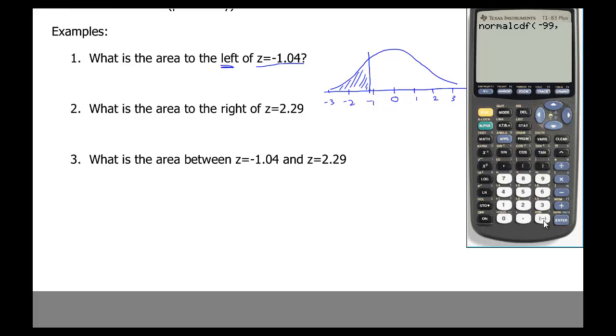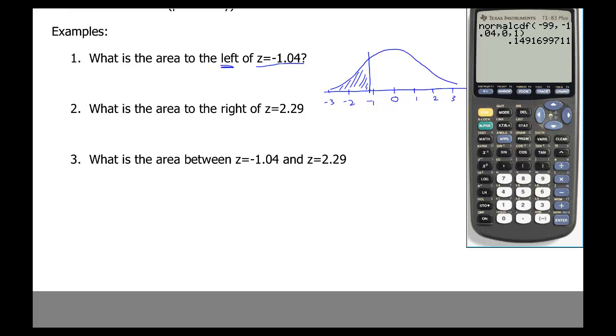The maximum is going to be your cutoff, so minus 1.04 for a z-score. And now the mean and standard deviation is 0 and 1. I could leave that out, but if you want to be in the habit of always using it, you can put it in, hit enter, and that's going to be our area.